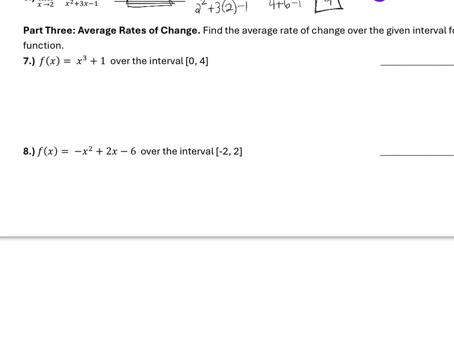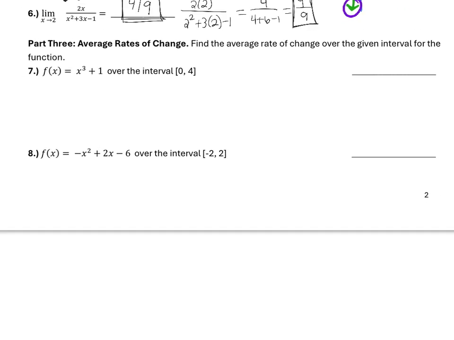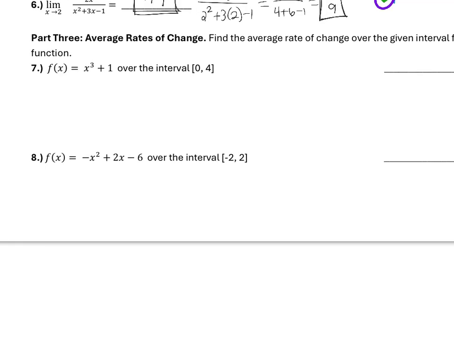Okay, average rate of change over the given function. So we're going to start with number 7 over the interval 0 to 4. Remember, this is our x1 and this is our x2. So we need to figure out y1 and y2. To find y1, we're going to plug in 0 here. 0 cubed plus 1 equals 1, so our y1 is 1.